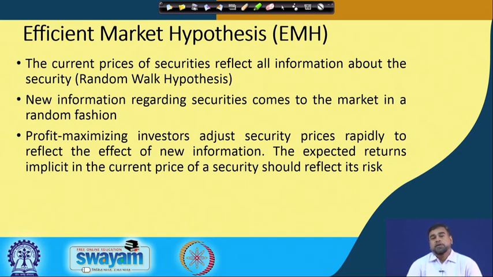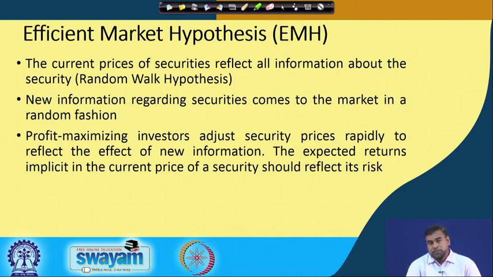That means everybody's information which is coming to the market is captured through that particular stock. The stock price has been determined on the basis of all the information which has come to the market, and we should always keep that in mind.